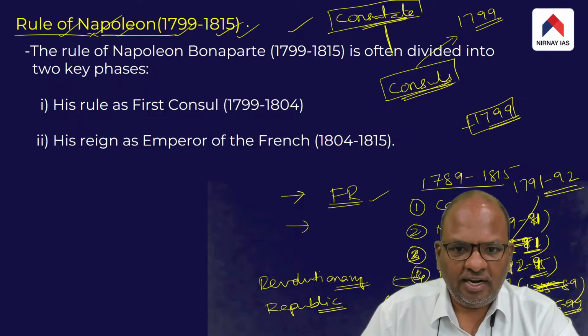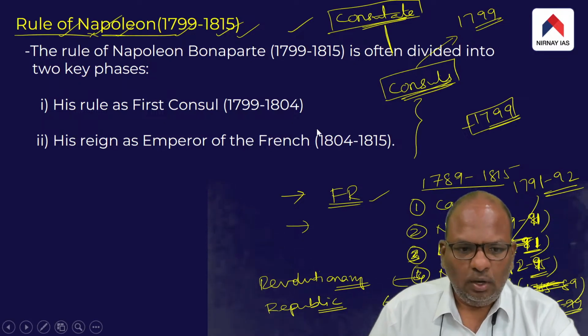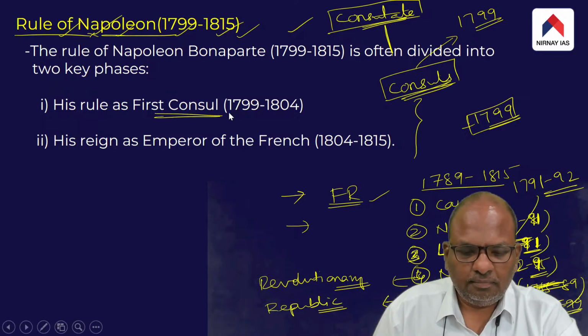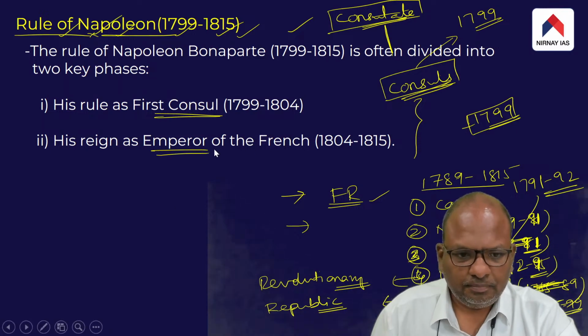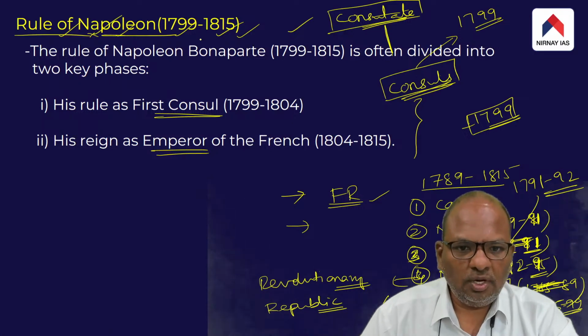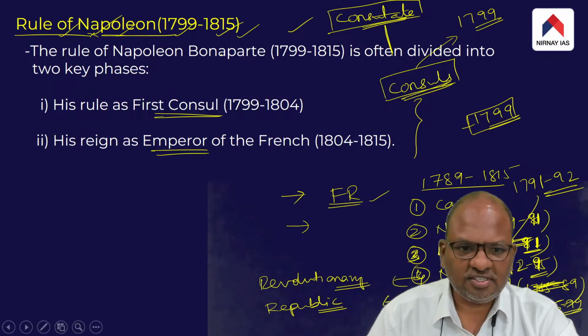During this period, Napoleon ruled France in two capacities: first as consul, then as emperor. So Napoleon's rule between 1799 and 1815 can be discussed in two phases.